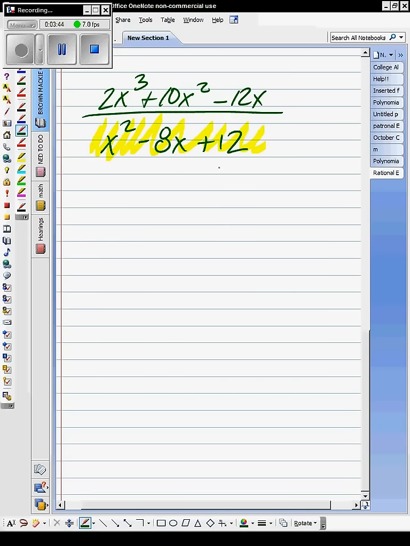So I have to factor this. In factoring this, I have to look and see what multiplies to be 12, right? Well, let's write out what multiplies to be positive 12. We have 2 and 6. We have negative 2 and 6. And then we also have negative 3 and 4. And positive 3 and 4.